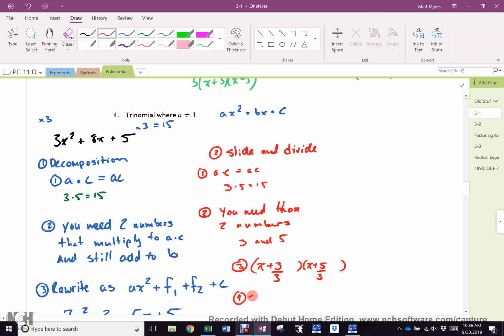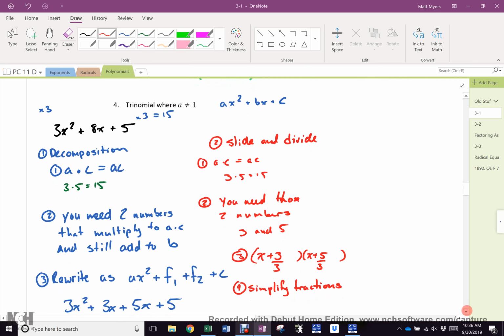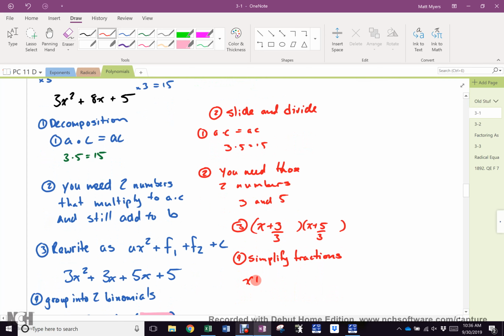Step 4, simplify fractions. So that's going to be x plus 1, right? And x plus 5 over 3, because that doesn't simplify.